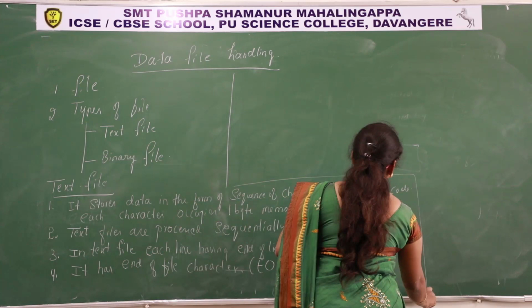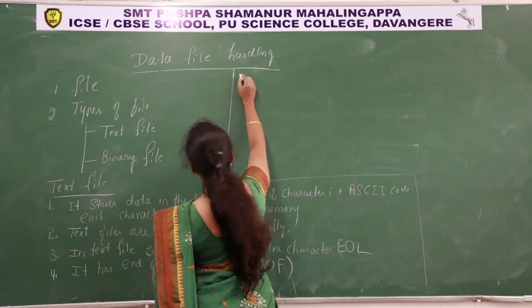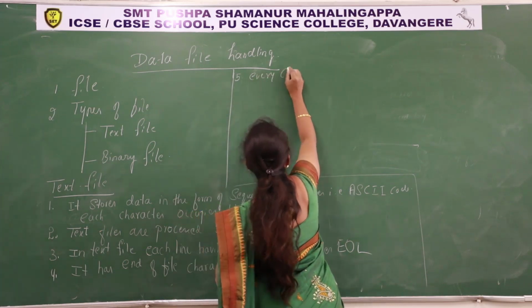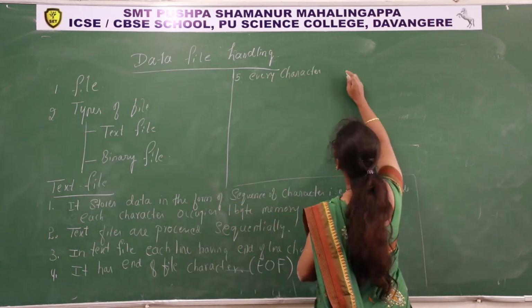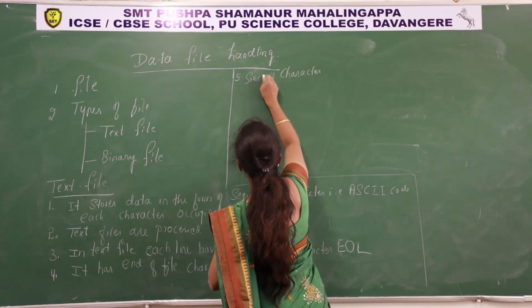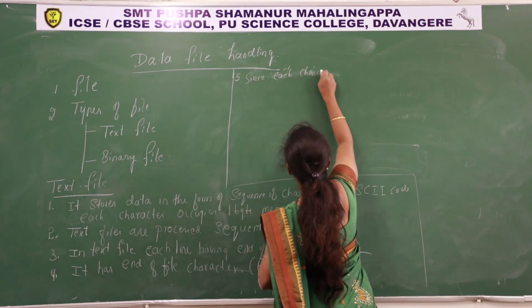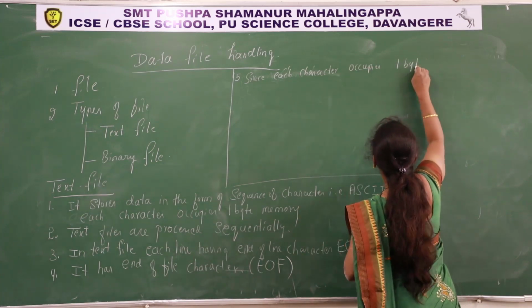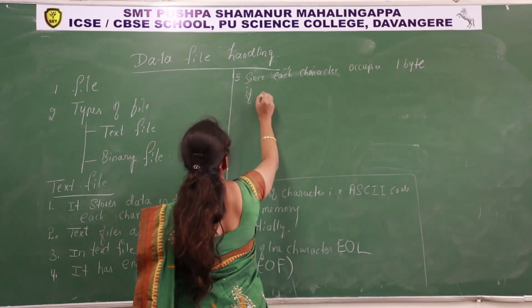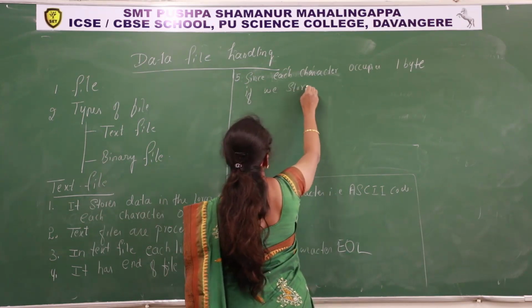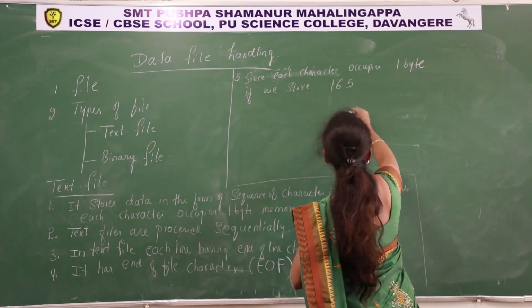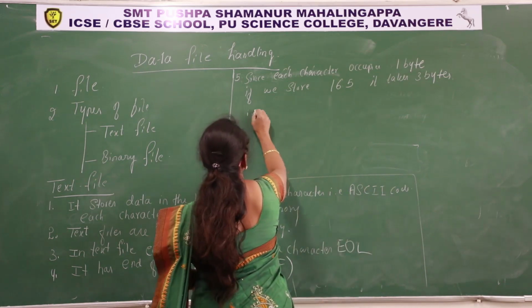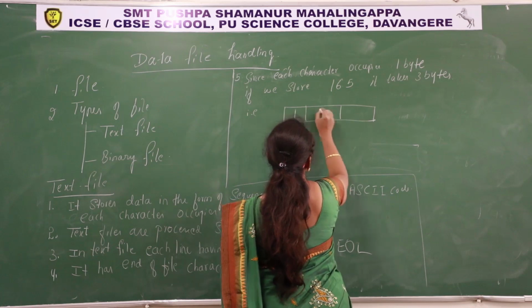Next, every character, since each character occupies 1 byte, if we store 165, it takes 3 bytes, that is 165.